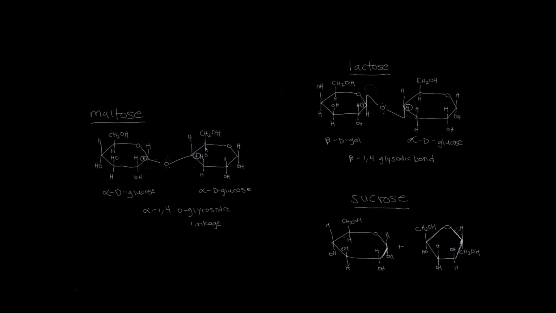And what we have here is the 3rd most common type of disaccharide, which is called sucrose, and it's formed by the linkage of an alpha D-glucose and a beta D-fructose.